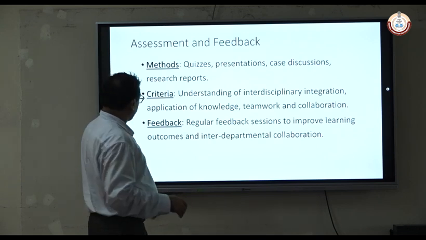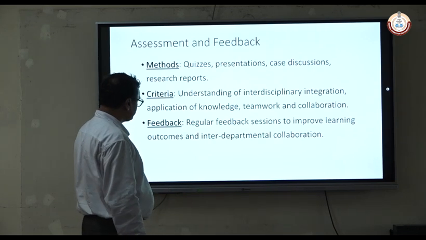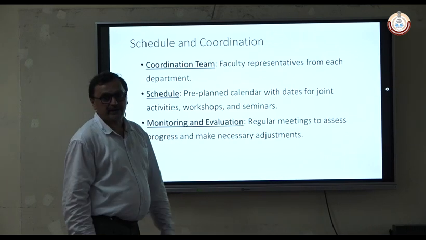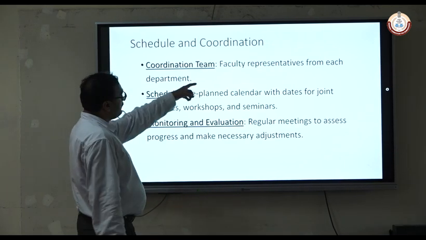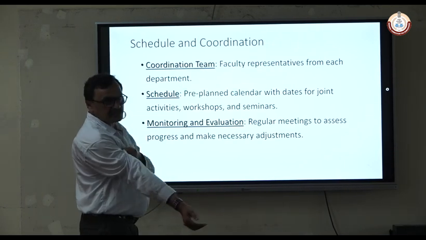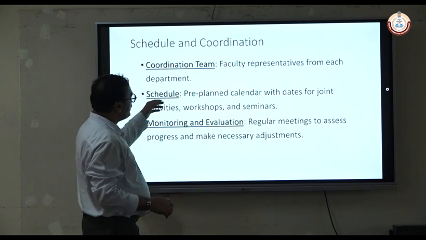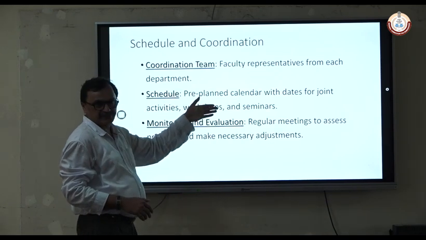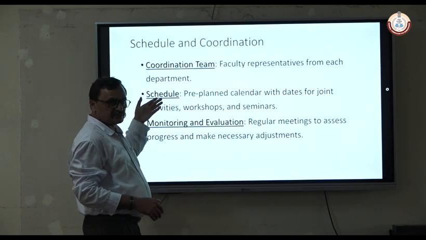Assessment and feedback. Okay, schedule and coordination. Faculty representatives from each department should be there. Schedule a pre-planned calendar with joint activities, workshops and seminars. This year we have joint activities.